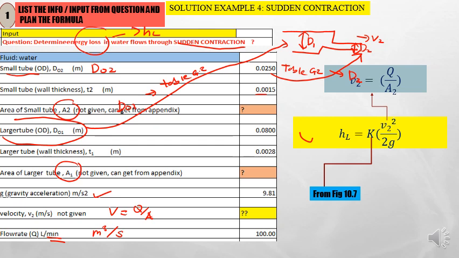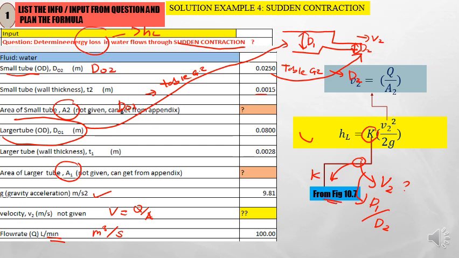So obviously we need to get the K value first. In order to get the K value, we should know what our V2 is and the ratio between D1 divided by D2. Then we will be able to determine the K value from this figure, from the Moody chart.